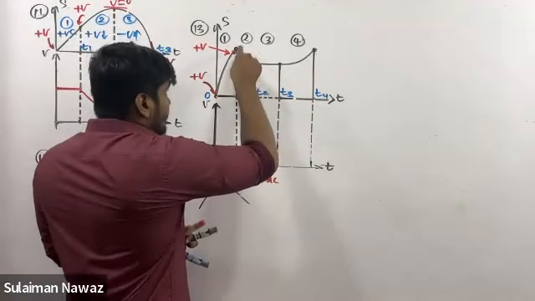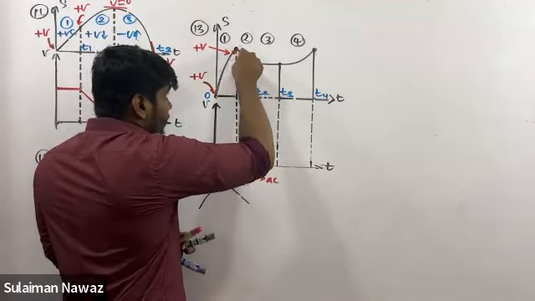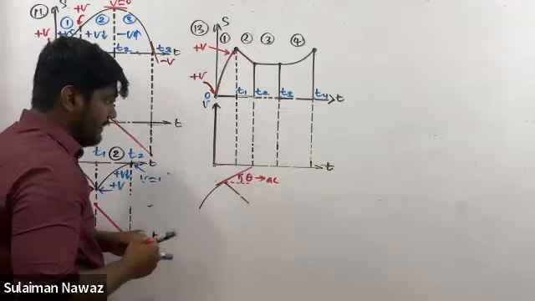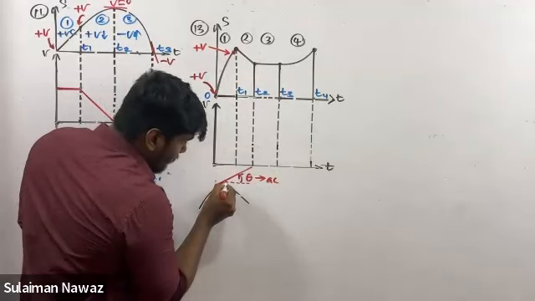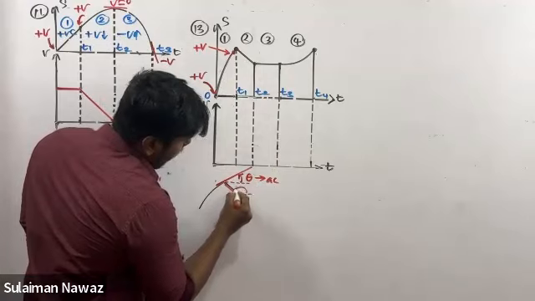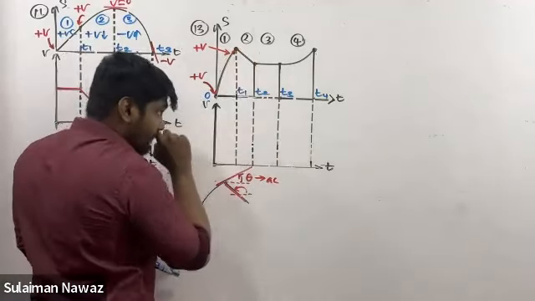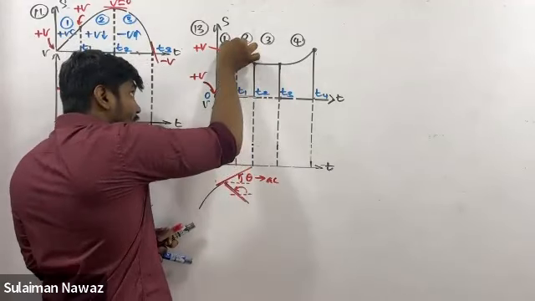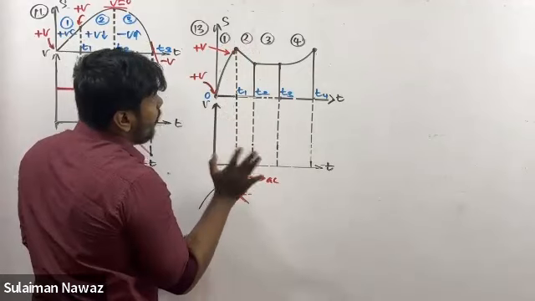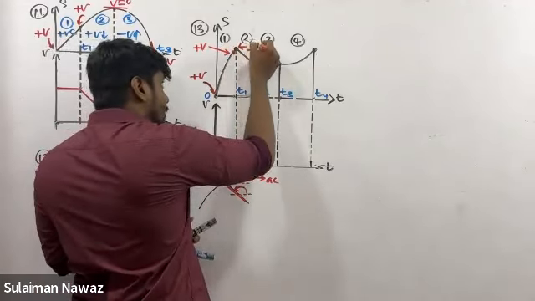If I consider the second graph's first point and draw a tangent line, the angle is obtuse. Do you understand? Therefore, the second graph's initial velocity is negative velocity.